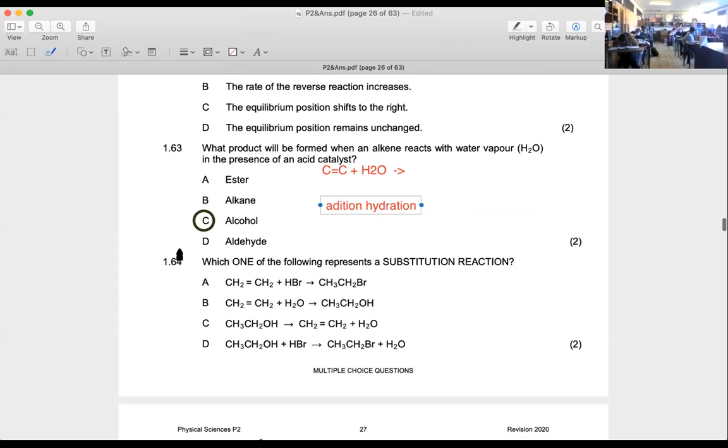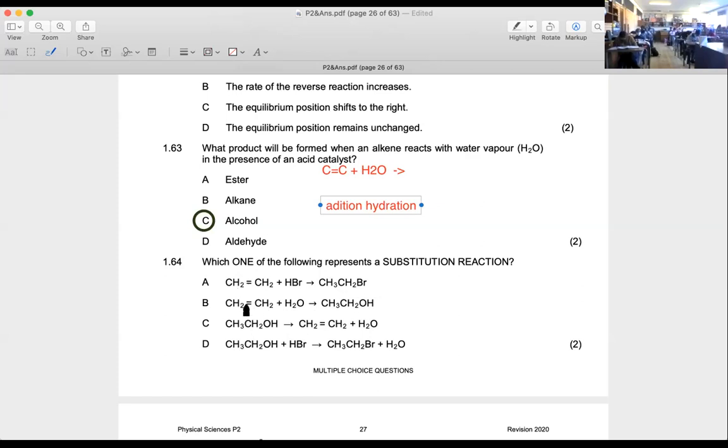Okay, yay, here's another, they give us more. 1.6, which one of the following represents a substitution reaction? Okay, what did I say about substitution? Normally there's something that's got a, well, let's just have a look. There's different types of substitutions.